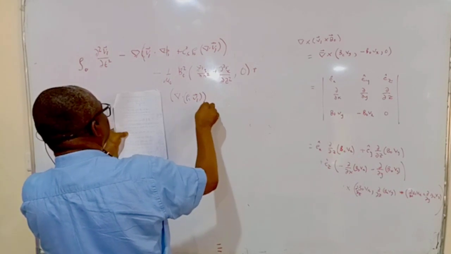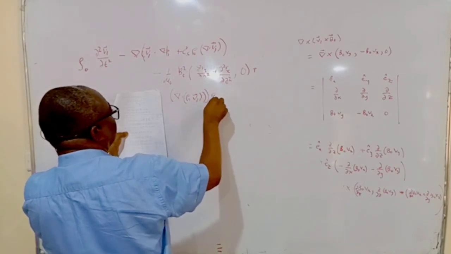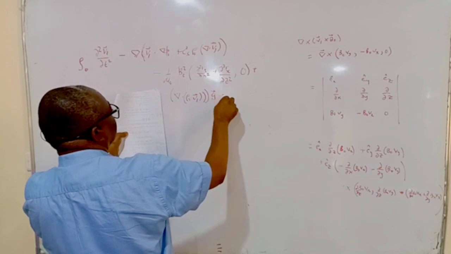I take this and put my G. That should give us 0.